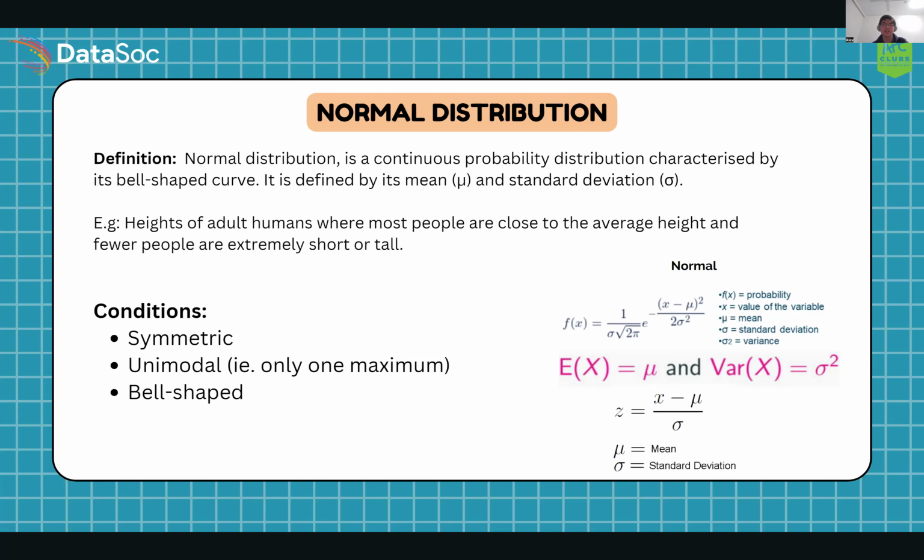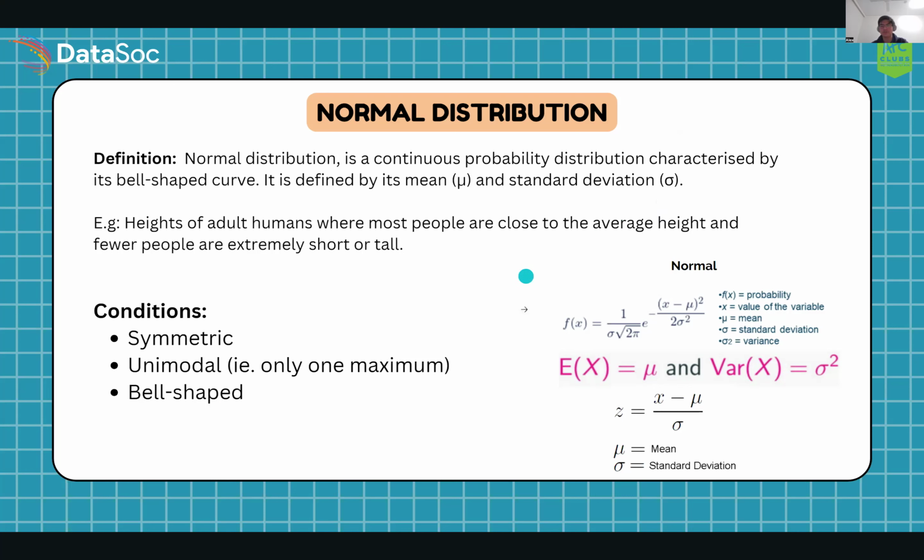The conditions for a normal distribution mean that it must be symmetrical and it must be unimodal, which means there's only one peak, and must have a bell-shaped curve, which looks like this. And be symmetrical around the peak.